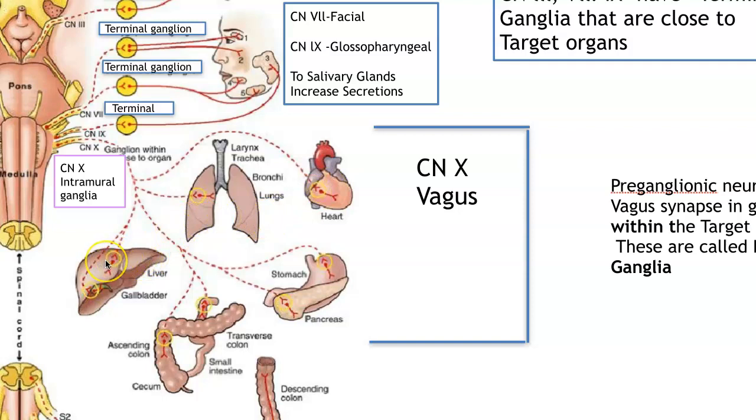In the liver, the vagus is going to do what? The liver is part of our digestion system. So this is rest and digest system.